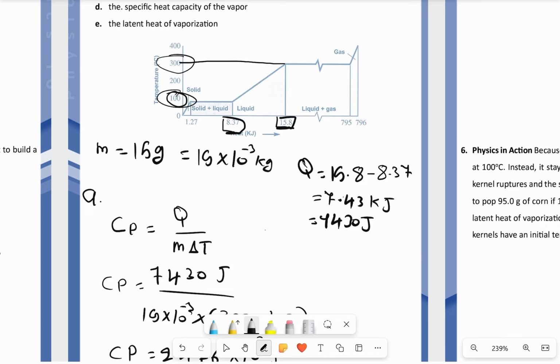Here, guys, look. This one, solid to liquid. On this side, temperature is constant, which is 100 Celsius, and here is going to be our latent heat of fusion, which is basically solid to liquid or liquid to solid.